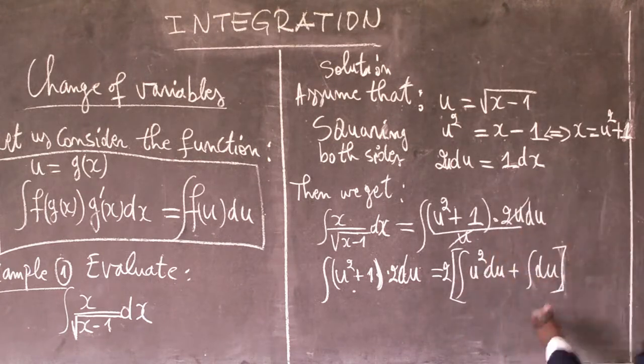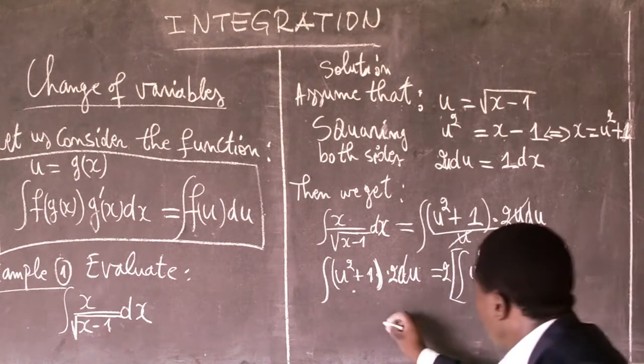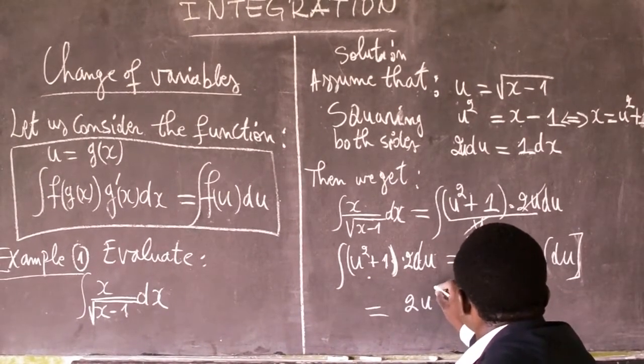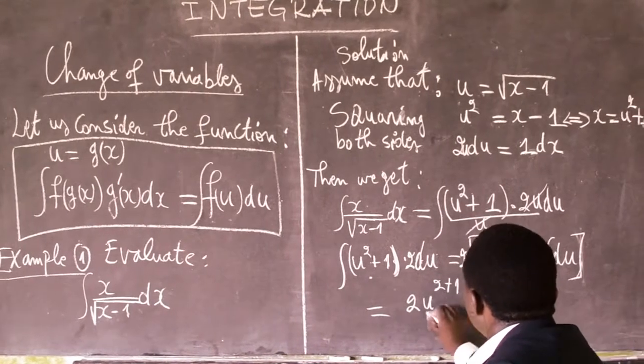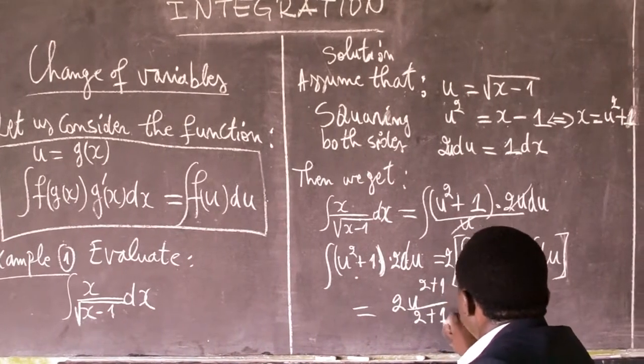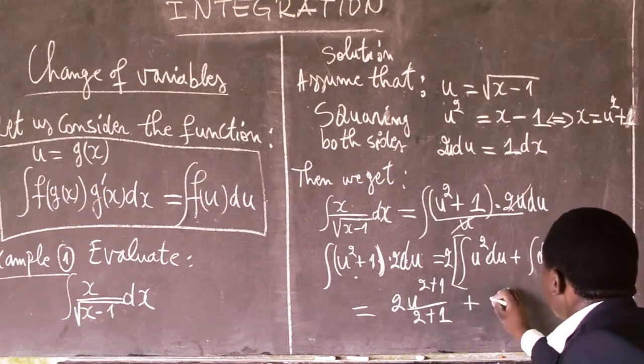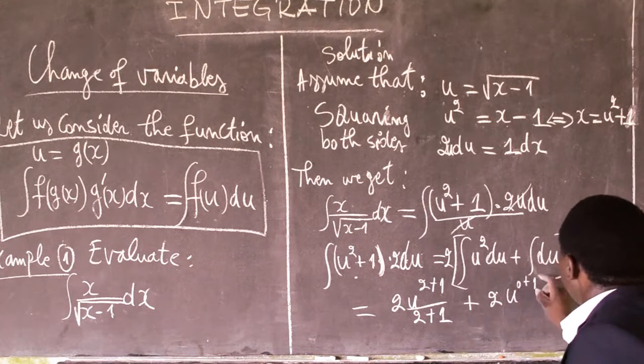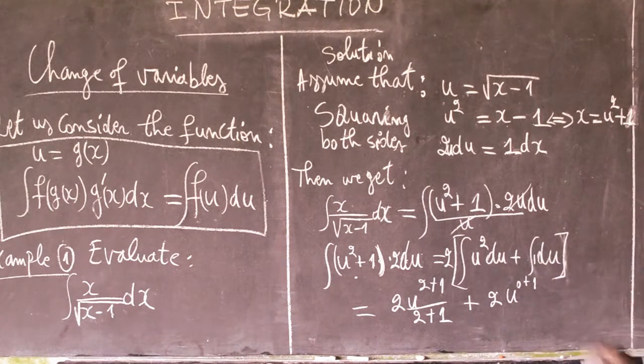Then finally, we get here 2u power 2 plus 1 over 2 plus 1, then plus 2u power 0 plus 1, because here we consider this is 1, and we remember that u power 0 equals 1 if u is different from 0.